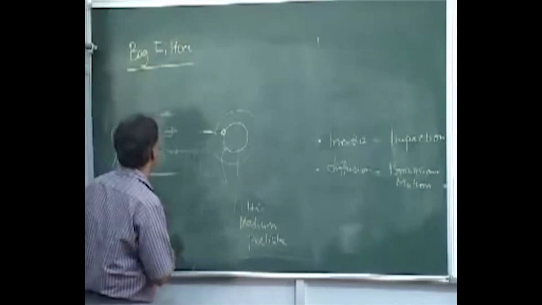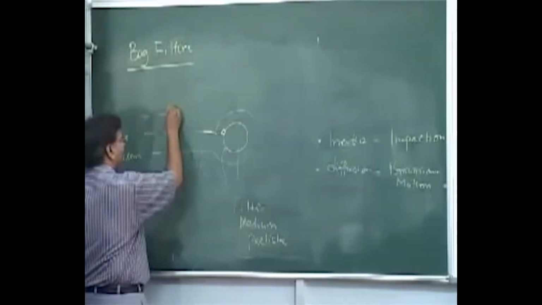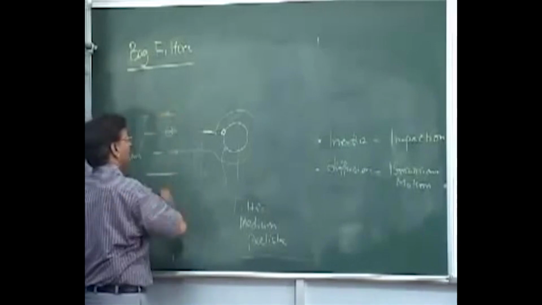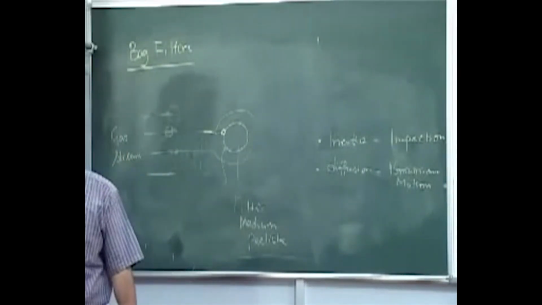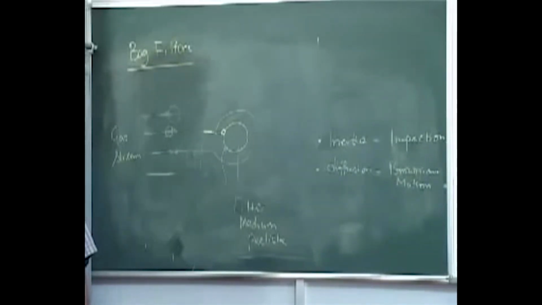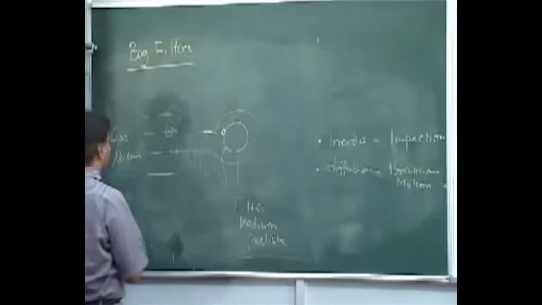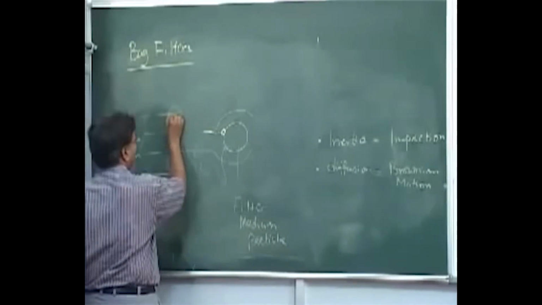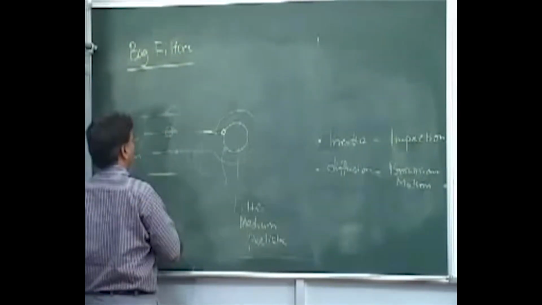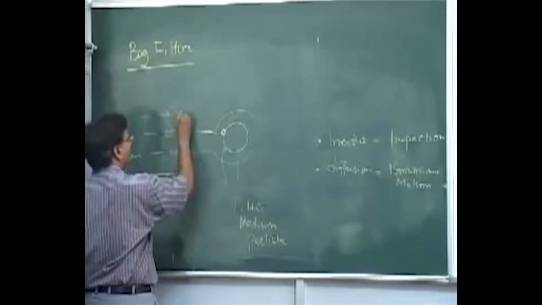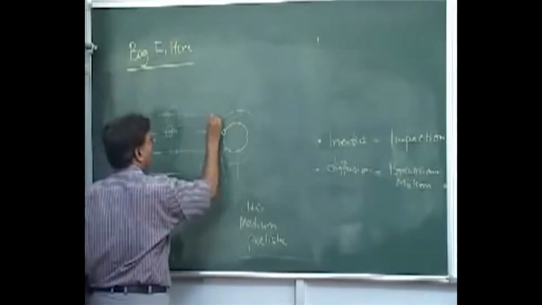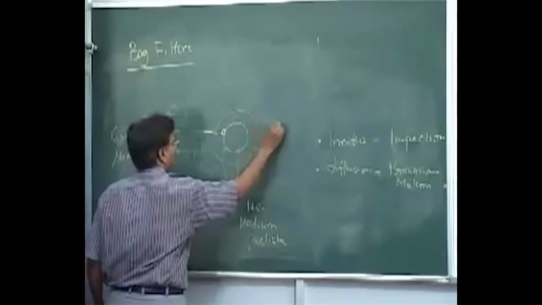You may have a particle which is fairly large, a large particle, but the density may be low. So its inertia will be low. So the gases are going like this. Well, I'll make it a little bigger.